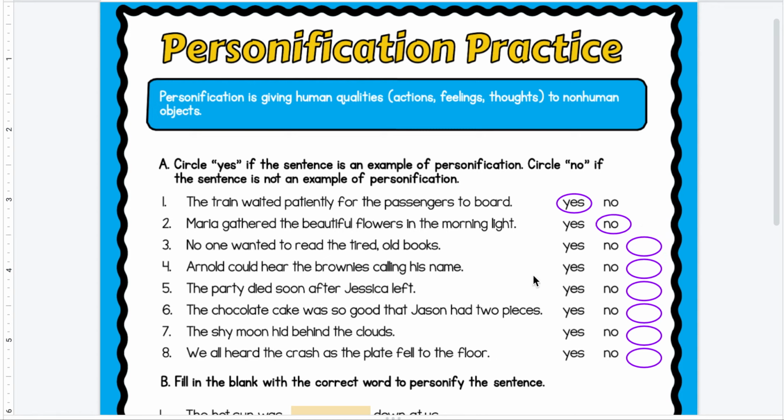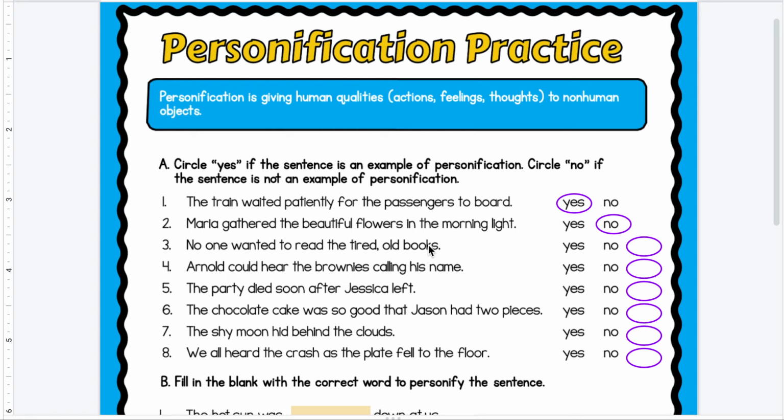No one wanted to read the tired old books. Now, this is one that tries to trick you as well. So what is the thing? It's the books that we're really talking about. No one is actually there. That's people. So that's not what we're looking at. We're looking at the books. Were the books personified?